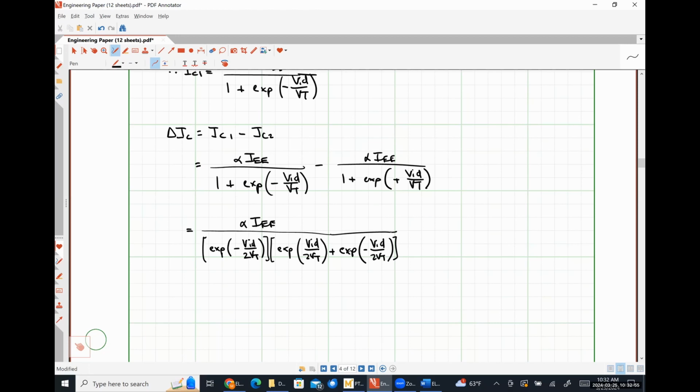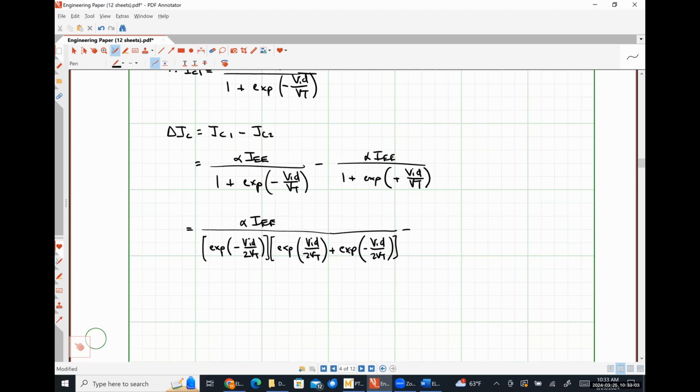Doing something similar on the other side, I'm going to have alpha IEE over exp of positive VID over twice VT times exp of negative VID over twice VT plus exp of positive VID over twice VT.